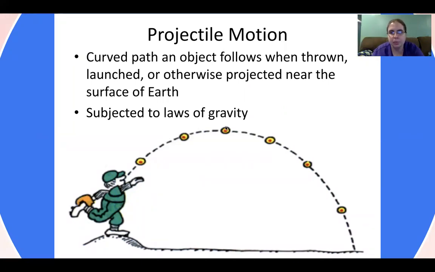However, at a certain point, gravity is going to overcome the velocity. It actually already starts overcoming it because as soon as it leaves the person's hand, it's going to start feeling the acceleration due to gravity. And as it gets higher, it's going to slow down, and then it's going to start speeding up vertically again, but it still has that horizontal component.